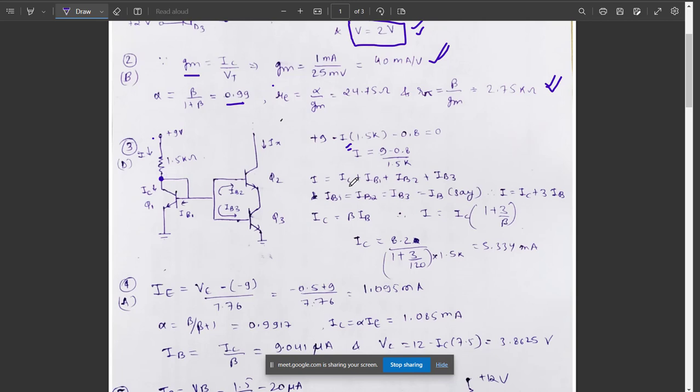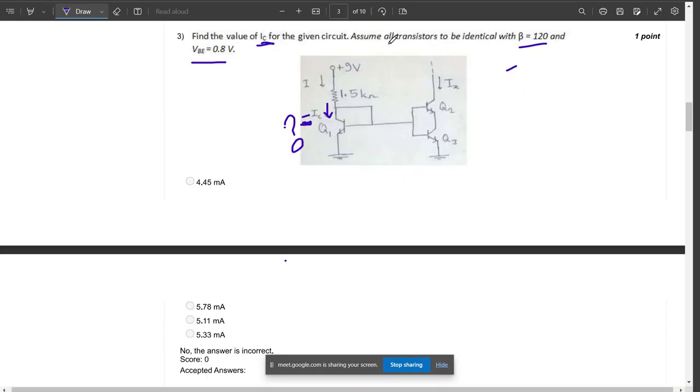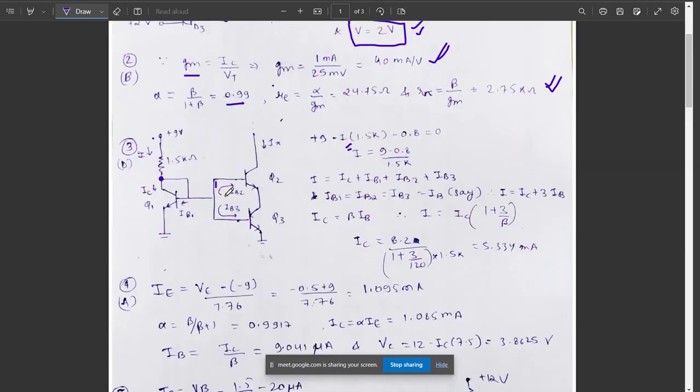Now at this node you have to put the KCL. KCL will be IC plus IB1, IB2 and IB3, and all these IB1, IB2, IB3 will be the same because all of these transistors are the same. In the question it is also said that all transistors are identical. So IB1, IB2 and IB3 will be the same, equal to IB.